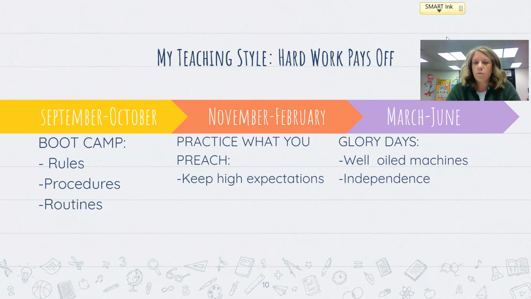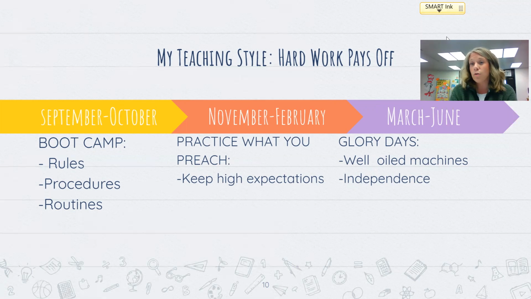There are many chances, which I'll talk about with my behavior plan, but I feel like I'm very, very, very firm and strict September and October, which I don't like because I get a lot of emails and a lot of notes from parents. My daughter's scared because she didn't have her work done. My daughter's nervous she's going to get in trouble.